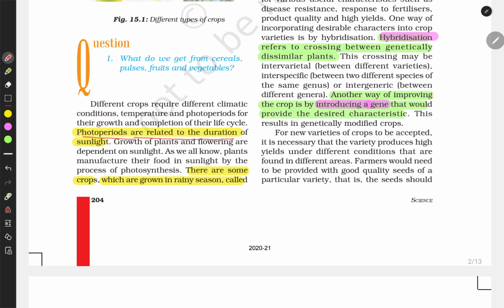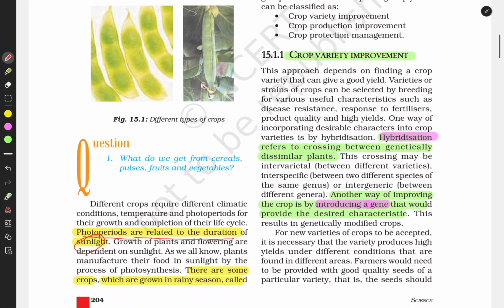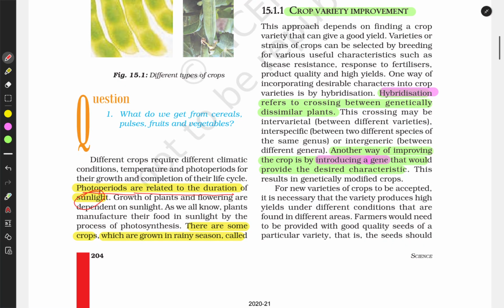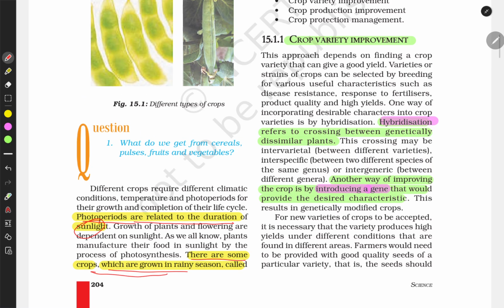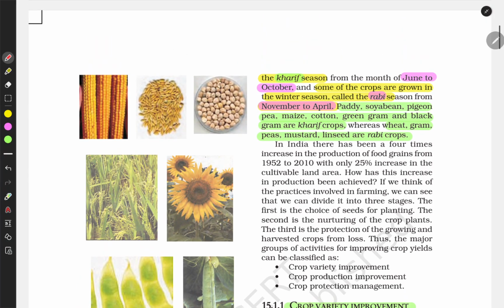Photoperiod is related to the duration of sunlight, how much sunlight is falling on the plants for their photosynthesis. Crops are divided into two categories.